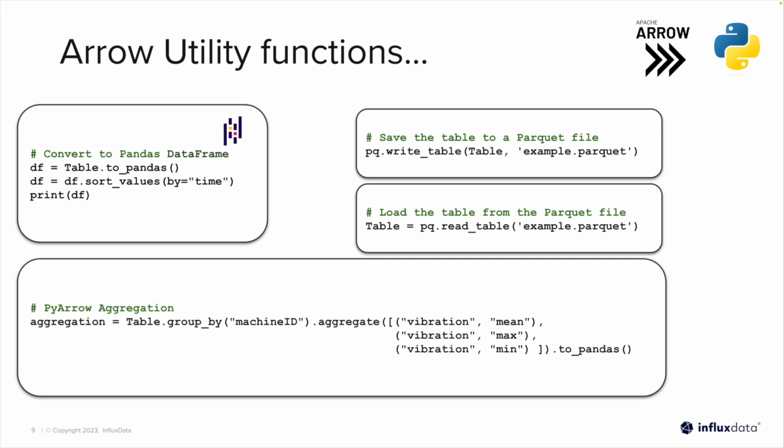And then you have some more powerful features to perform and transform your data while it's in that PyArrow table format. So you can perform some aggregations upon your data. You can group by a certain column, and then find out the mean, max, and min before you even convert to a pandas data frame. So it's an extremely efficient way of transforming your data.